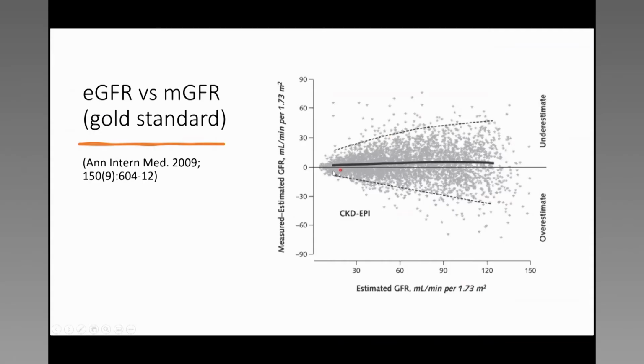And we can see here that ideally it would be a flat line of 0, but instead we're getting lots of spread of data. So again, someone with a measured GFR of, say, 60, then the estimated GFR could be anywhere between minus 30 or plus 30 from that. So there is a lot of error within that as well.